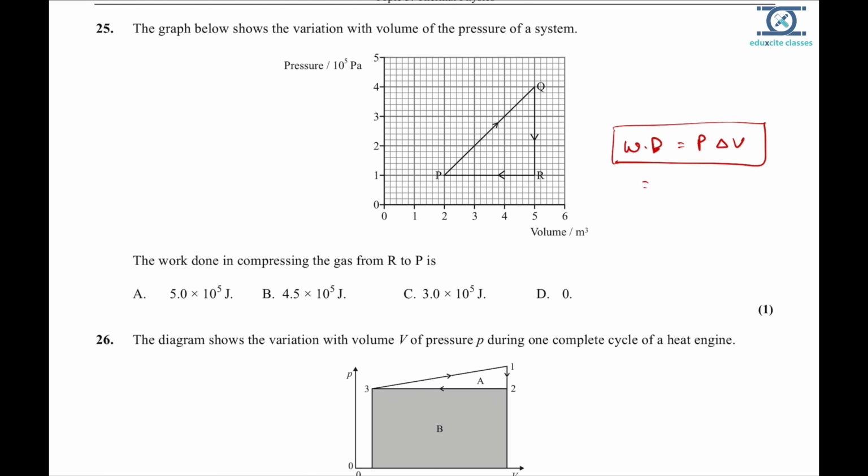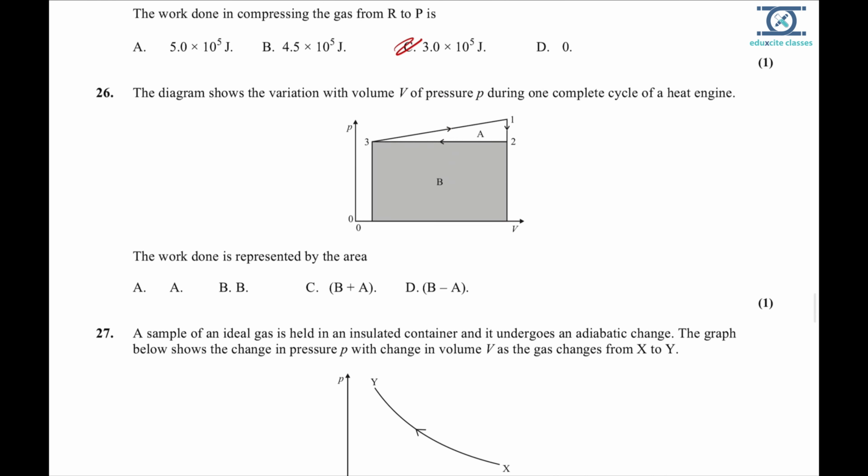Now pressure from R to P is 1 into 10 raised to power 5. Change in volume is from 5 to 2, that is 3, in meter cube only. So no need to change into SI unit. Delta V is 3 meter cube. So this is 3 into 10 raised to power 5 joule. Option C is the right answer.